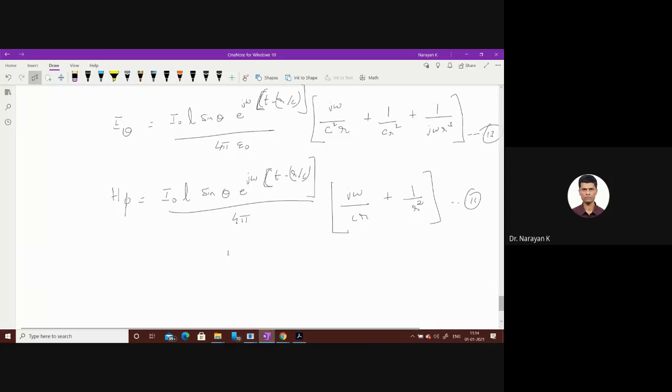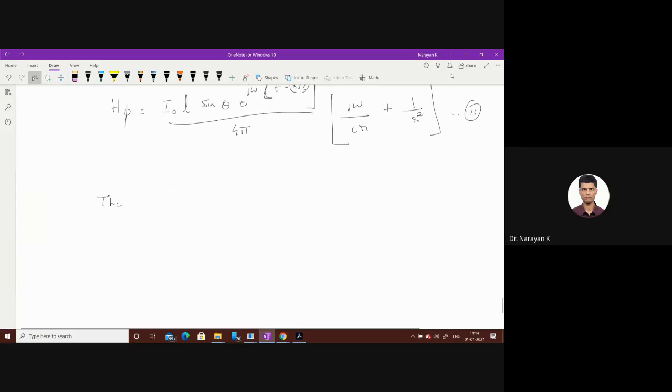The far field components are given by E theta equal to j I naught beta L divided by 4 pi epsilon naught c r sin theta e raised to the power j omega (t minus r by c).